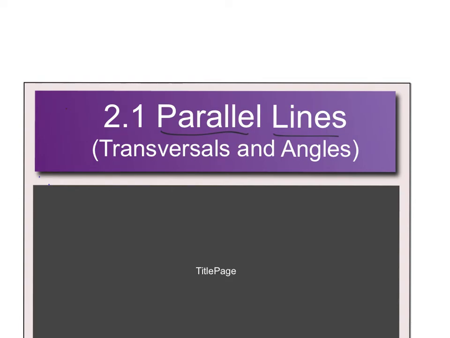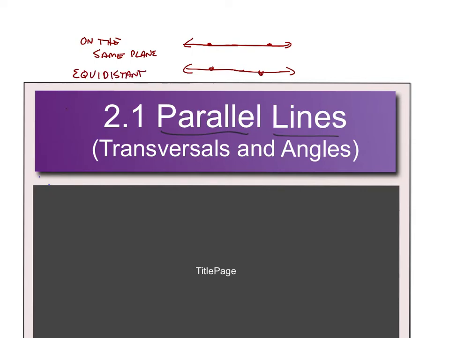What parallel lines actually are is two lines that are on the same plane and are what's called equidistant apart. They are on the same plane and they are equidistant apart.